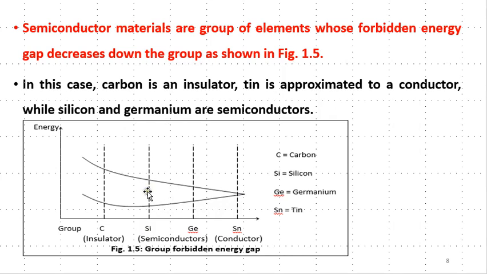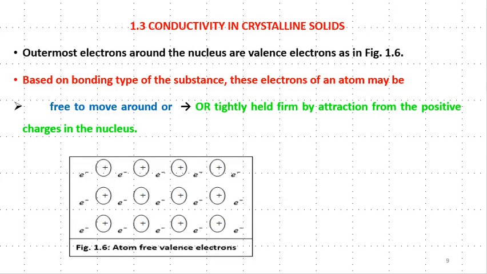So what we are saying here is that carbon can be approximated to an insulator because of its large energy gap, and tin can be approximated as a conductor because of its very small energy gap. But silicon and germanium have intermediate gaps, and therefore we can use them successfully as our semiconductor devices.